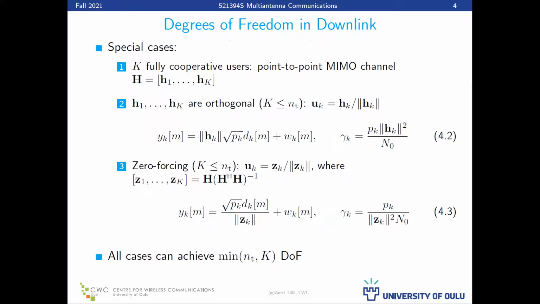If we connect all these receive antennas with cables, then we have an equivalent single user with 4 antennas, right? So it's a single user channel. We could simply apply SVD, right?